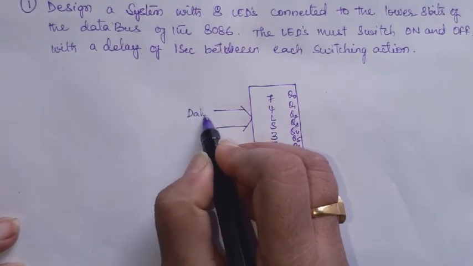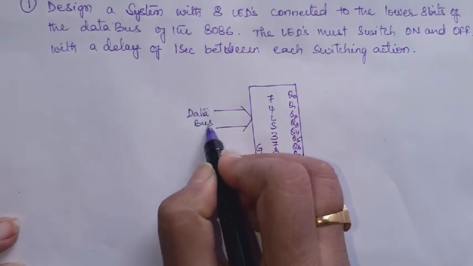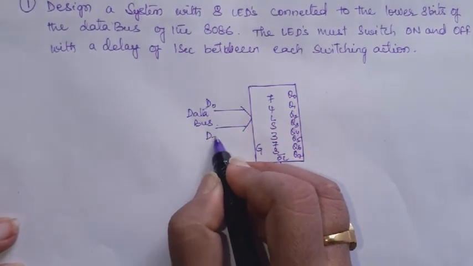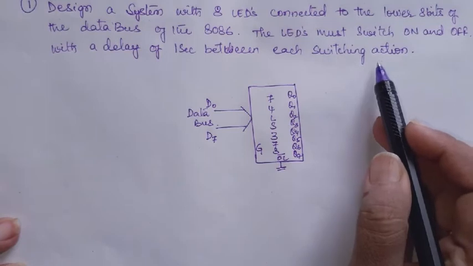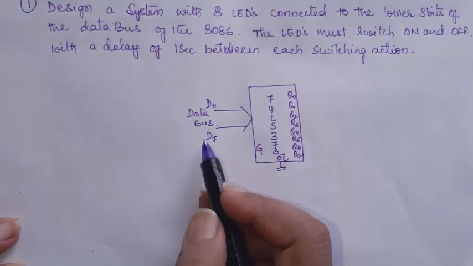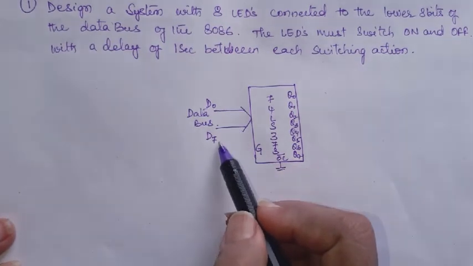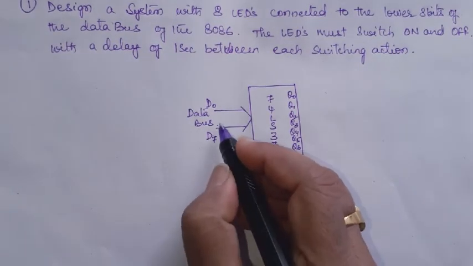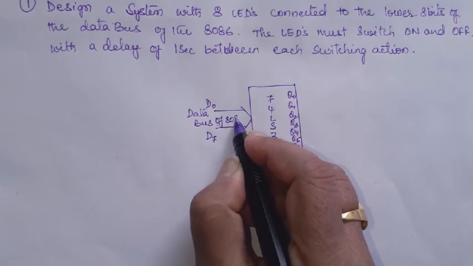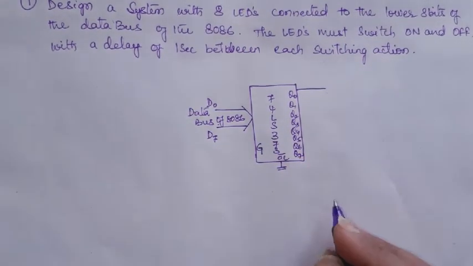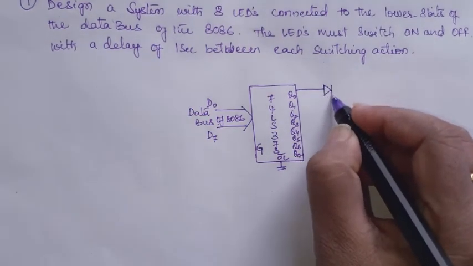So here is the data bus of the processor. Because it is specified in the problem that the lower 8 bits of the data bus of 8086 are to be connected, D0 to D7 is given as input. At the output of this latch we connect LEDs.